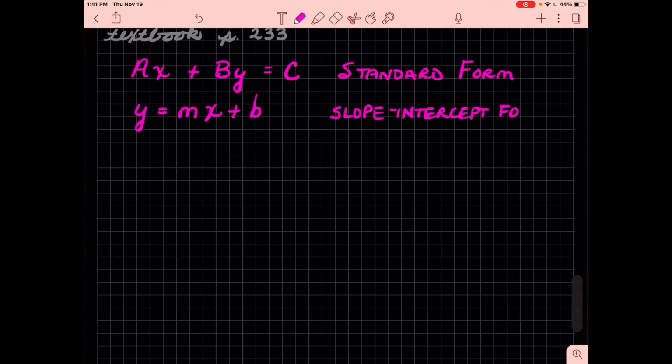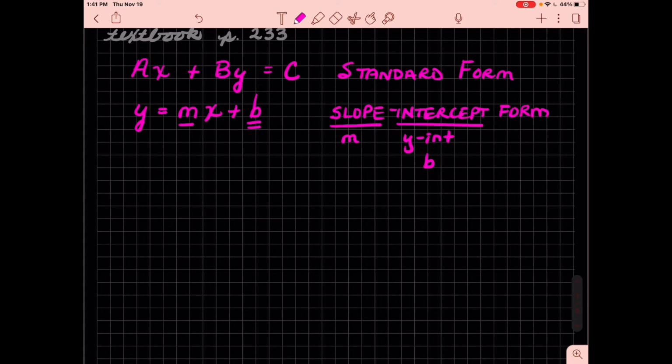It's called slope-intercept form, literally, because you can see the slope, which is the m in the equation, and you can see the intercept. It happens to be the y-intercept, and that is the b in the equation. And so that's why we call it slope-intercept form.